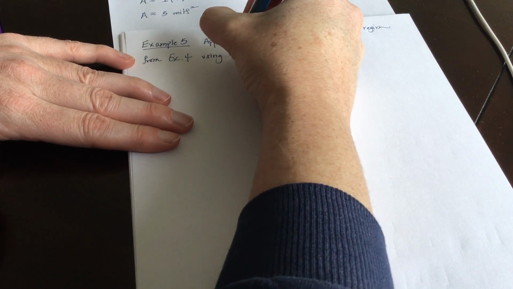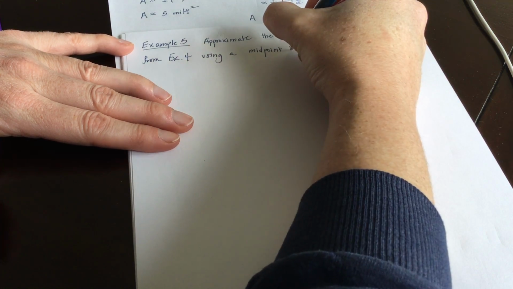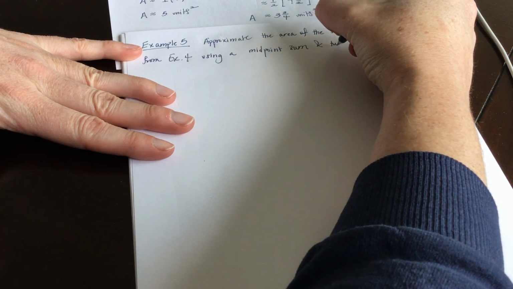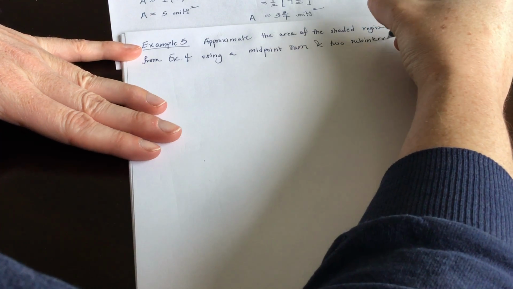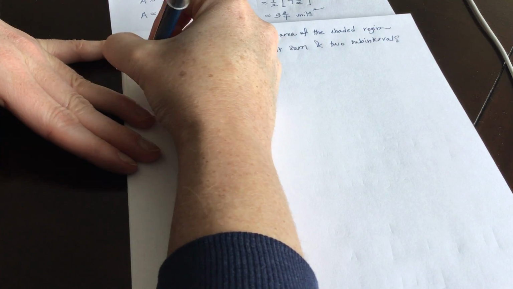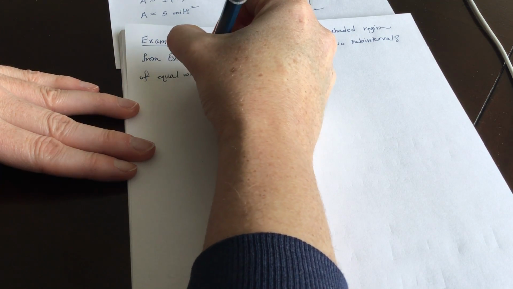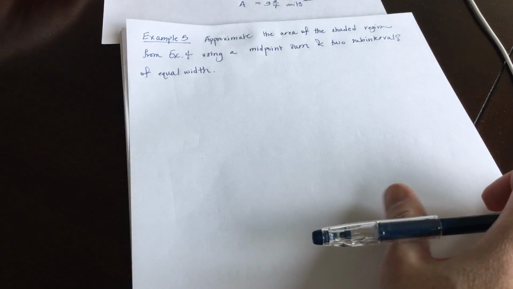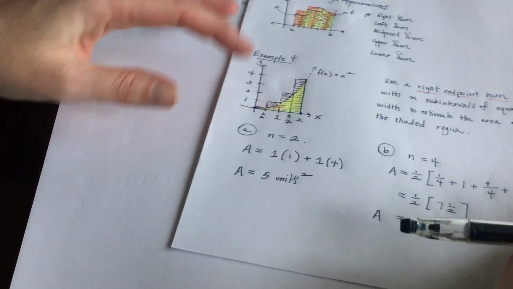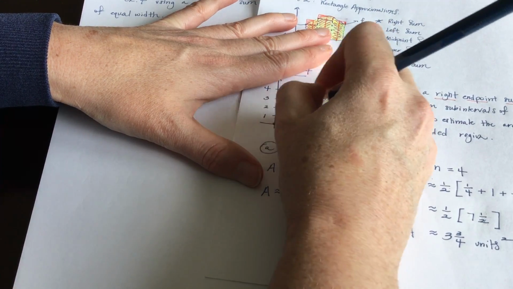Using a midpoint sum and 2 subintervals of equal width. There we go. Okay, good time to pause the video and see how you would go about it. I'm just going to go back on top of this picture and use it again.